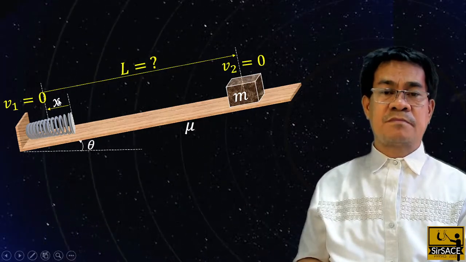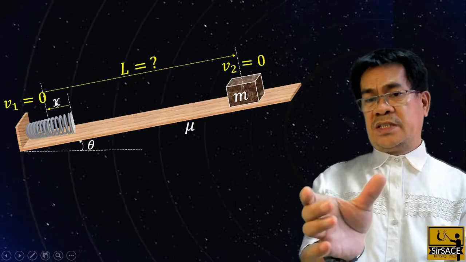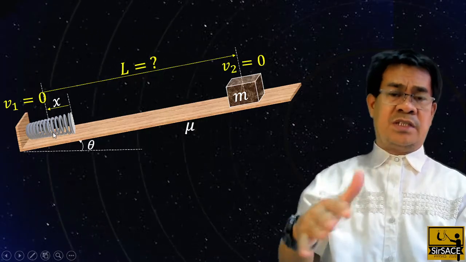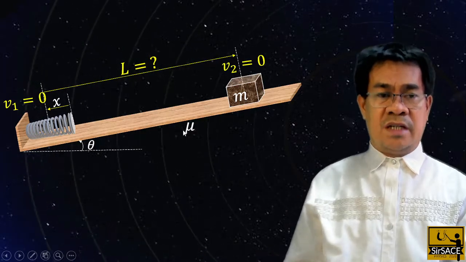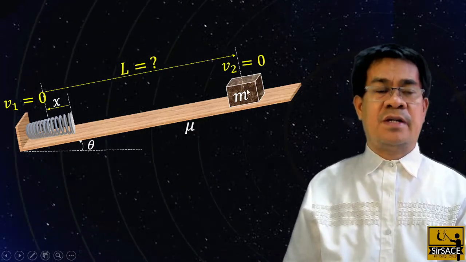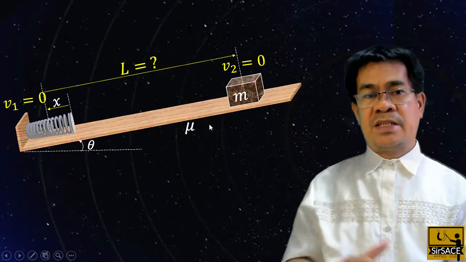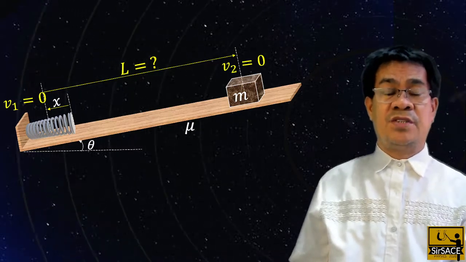Given the spring stretch or compressed length x, given also the spring constant, given the angle, given the coefficient of kinetic friction, and given the mass of the particle. Calculate the stopping distance of the particle. That will be our task for this video.